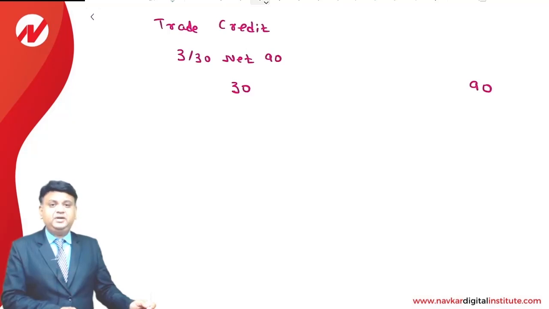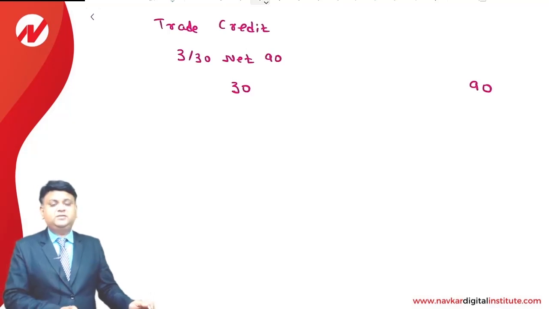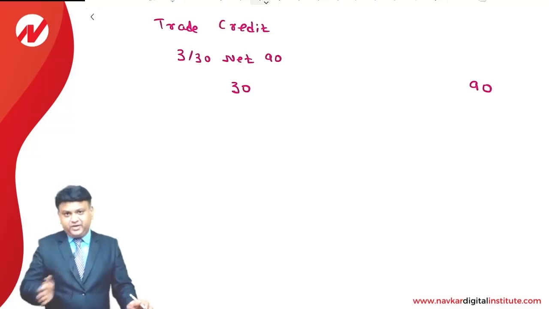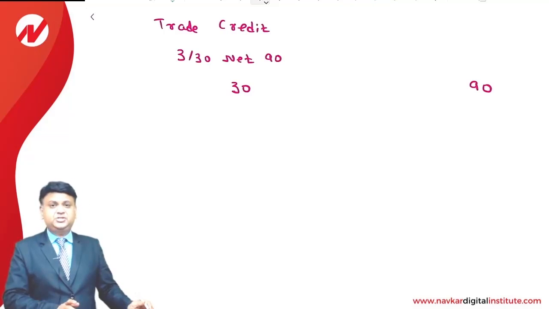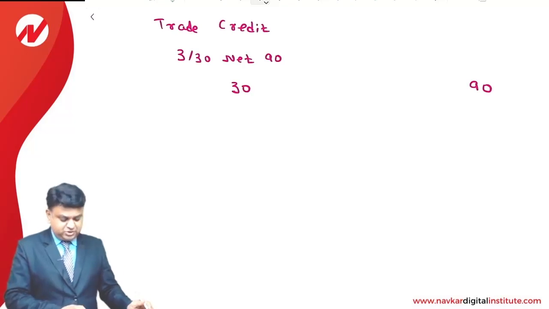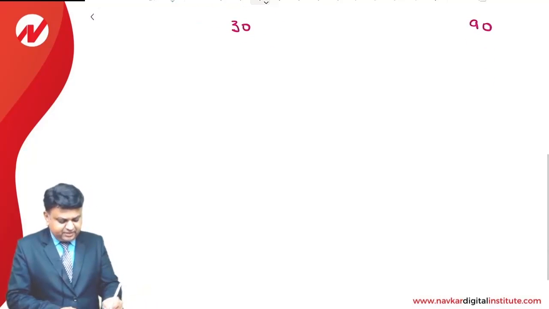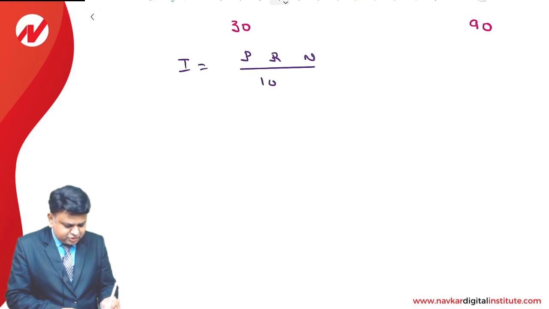Now we stop availing that discount facility. So we will be able to get the funds for the purpose of working capital. But of course, whatever the cash discount forgone is our cost. And for that we will apply the simple formula, that is I is equal to PRN upon 100. That is a simple formula that can be applied for calculation of the answer.